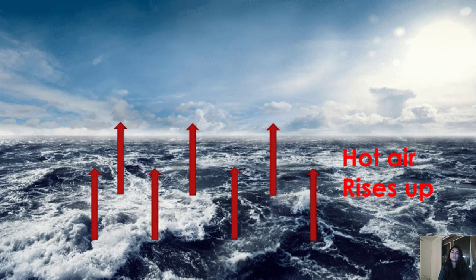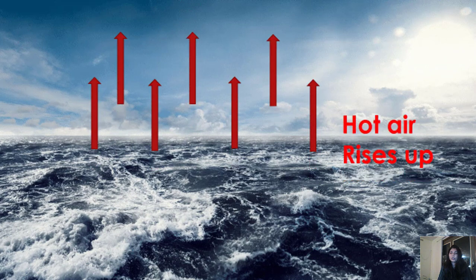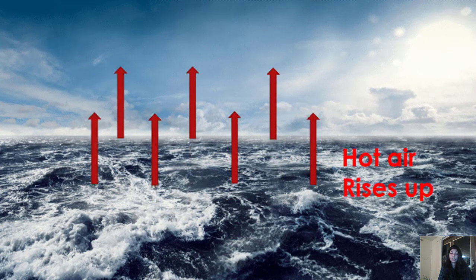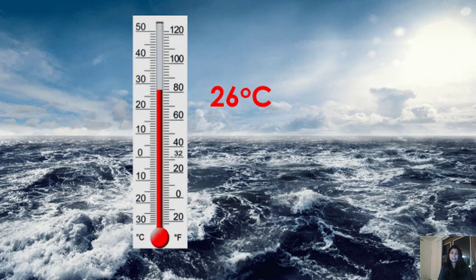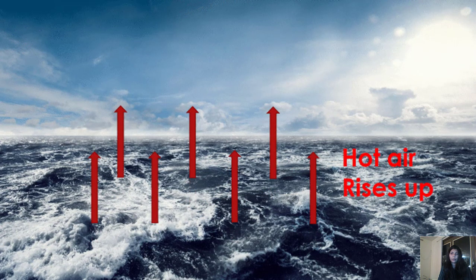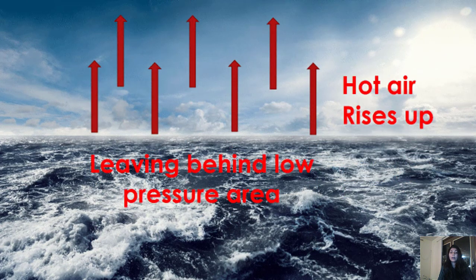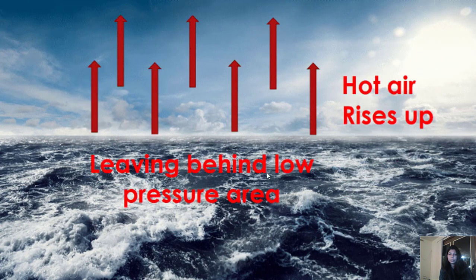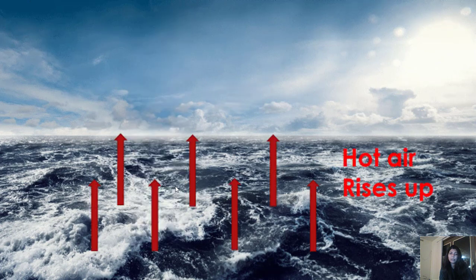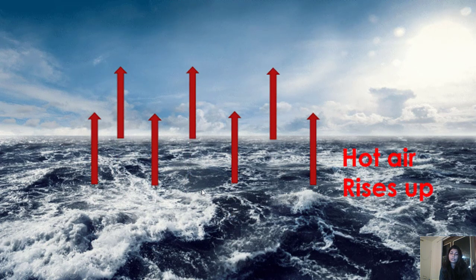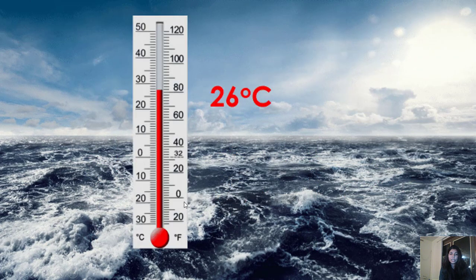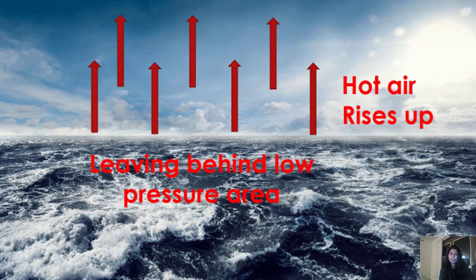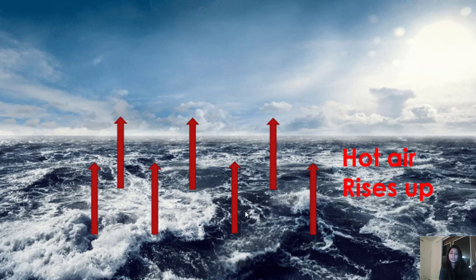What happens is, when the conditions required for the formation of a hurricane are met, usually 26 degrees Celsius temperature in the ocean, hot air rises up leaving behind a low pressure area. So the surrounding air, following the gradient from higher concentration to lower concentration, rushes towards this low pressure area to fill it.